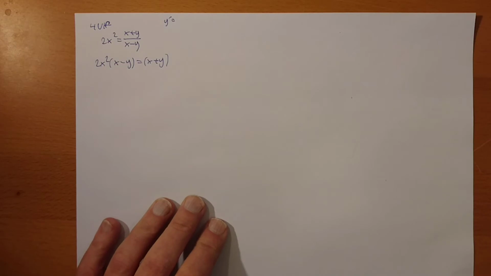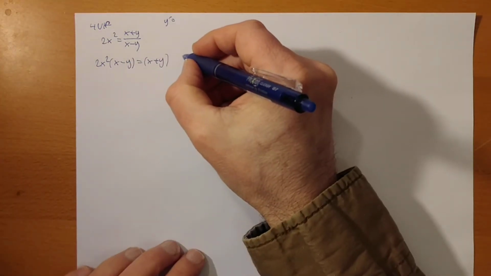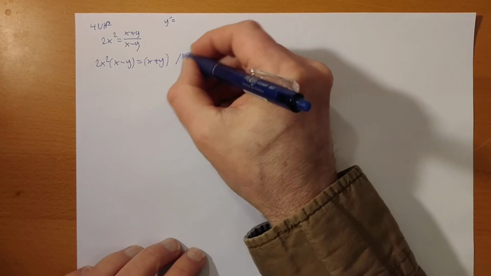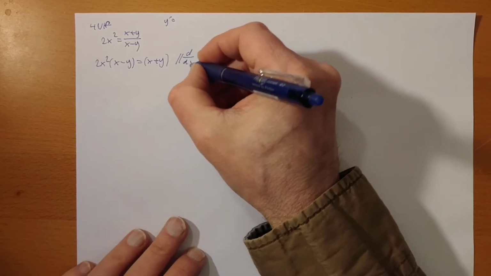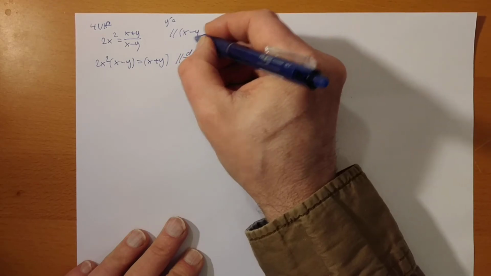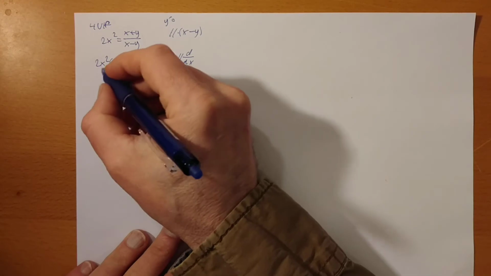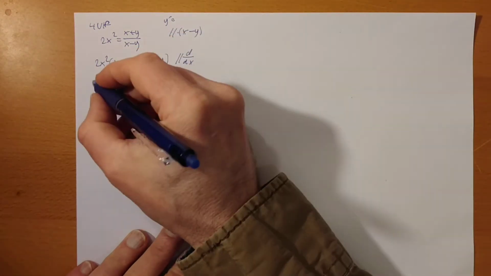And then we take the derivative of this with respect to x. The first thing we did there was multiply by x minus y. Here we use the product rule, right?